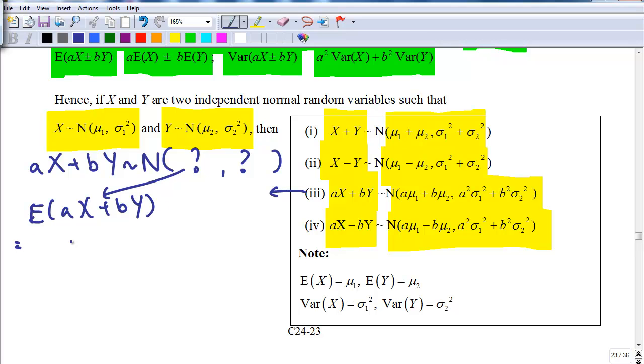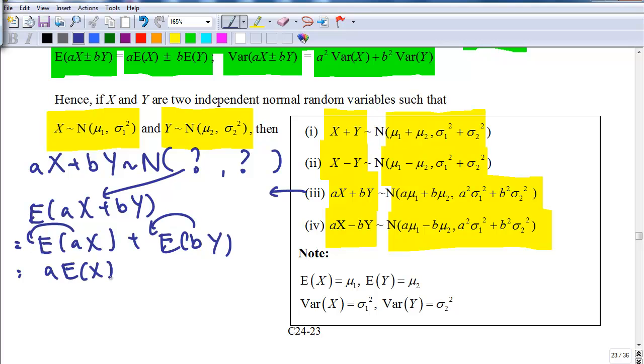Remember, I can first split both of them up. Then I can take the constants out. So this becomes aE(X) plus bE(Y). And what is E(X)? E(X) is mu1. And then what is E(Y)? E(Y) is mu2. So this gives you this.